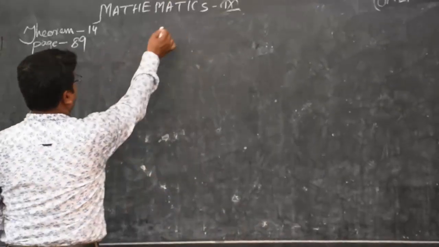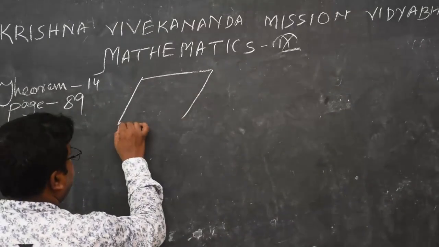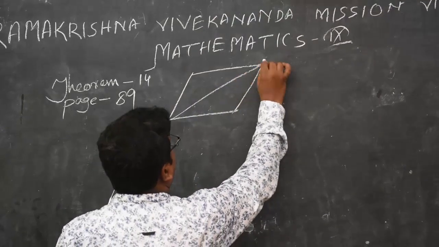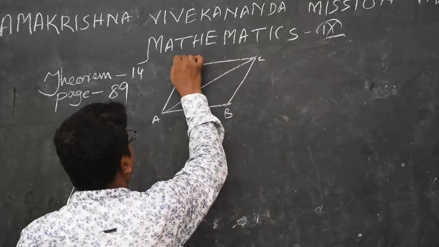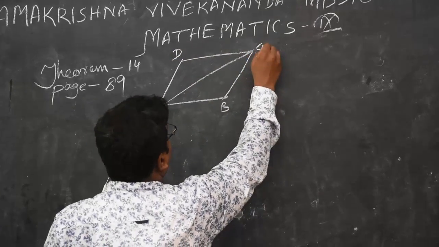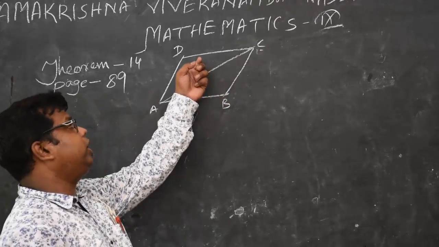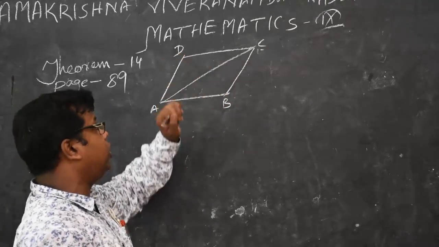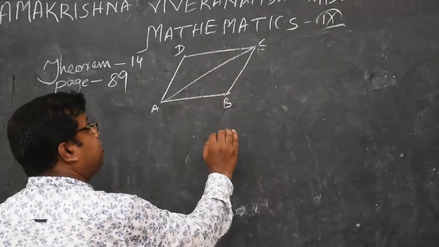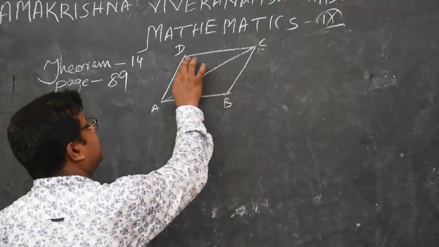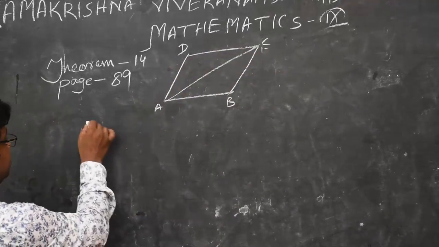Okay, look at the board please. It is a parallelogram and it is a diagonal. Let ABCD be a parallelogram whose AC is a diagonal. So you have to prove these two triangles are congruent. Opposite sides are equal, these two sides are equal, and these two sides are equal, and opposite angles are equal, that is this angle equal to this angle, and this angle equal to this angle. Let's start the theorem.